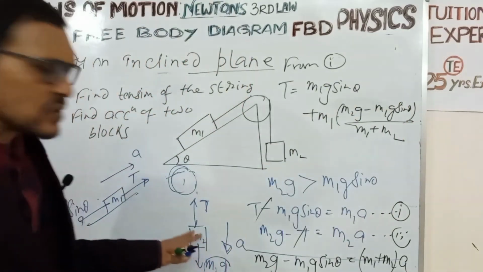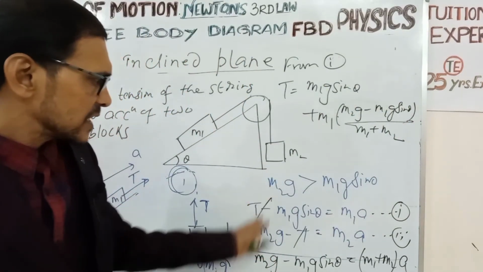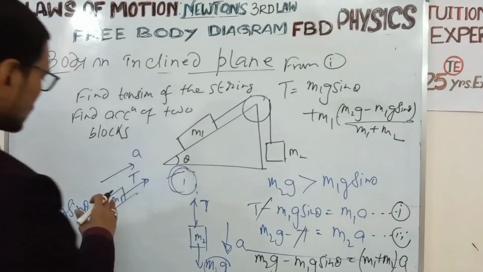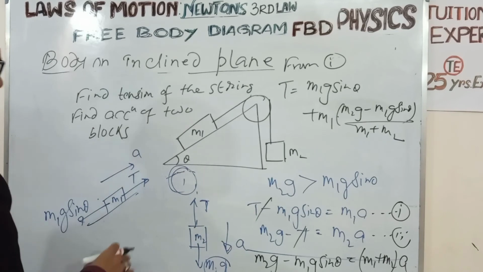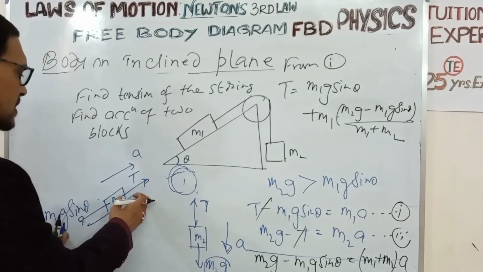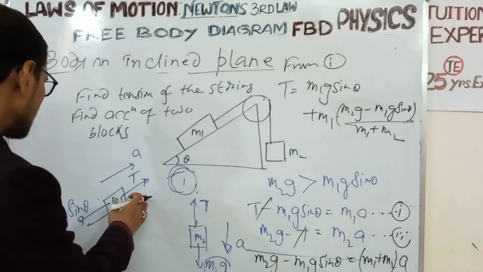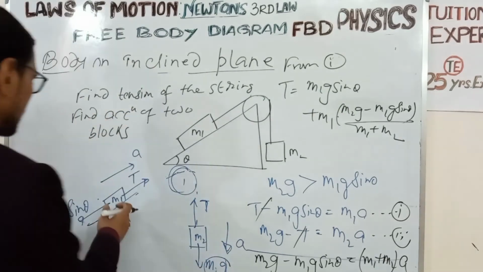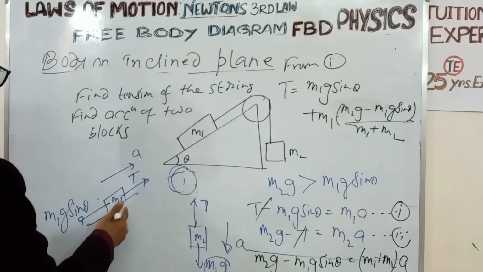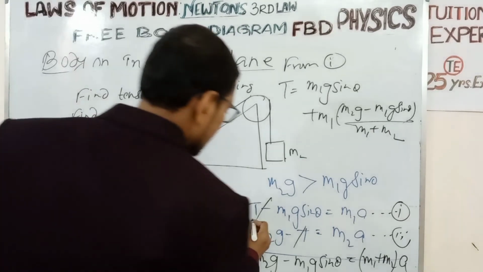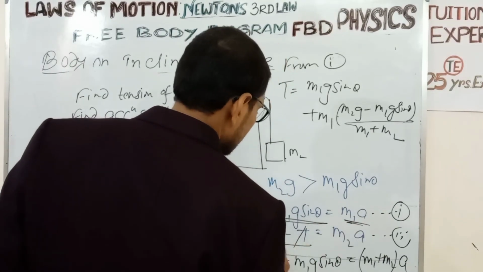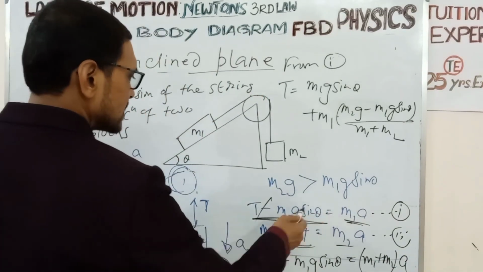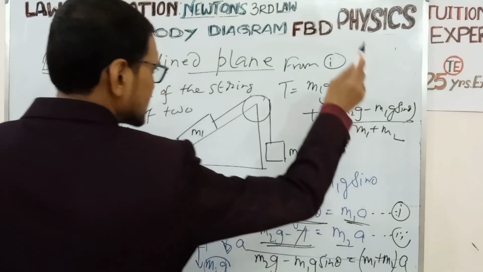If you can write the equations, then you can easily get the acceleration and tension. You just have to find the two equations, so to write the equation of motion you have to draw the free body diagram. From the free body diagram we get the equation of motion, resultant force equal to mass into acceleration. First we find the acceleration, then we put a in equation 1 to get the tension.